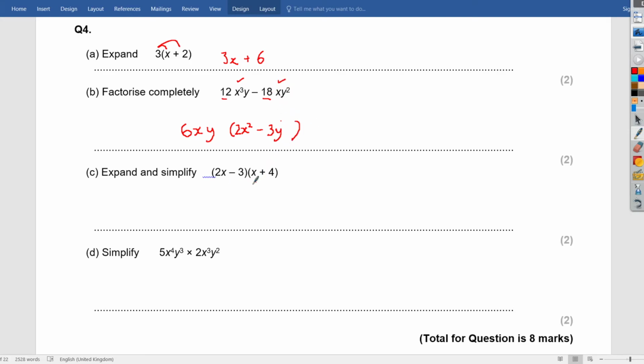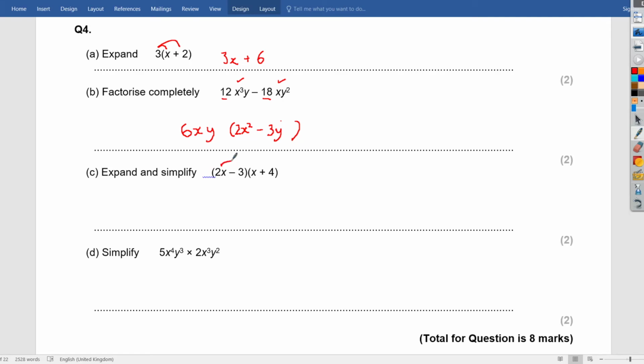Okay, sweet. Done that. Okay, next one, expand and simplify. We've done some of these before. Double brackets, literally everything in this bracket is going to be times by 2x, then it's going to be times by minus 3, and then we're going to start collecting the terms together and simplify.